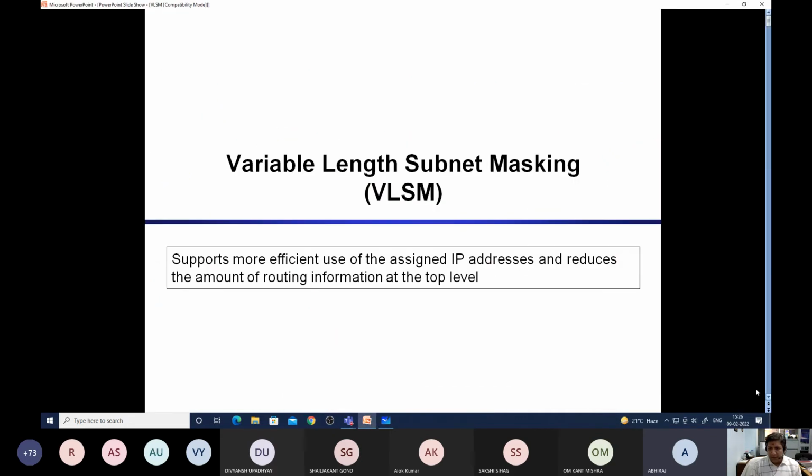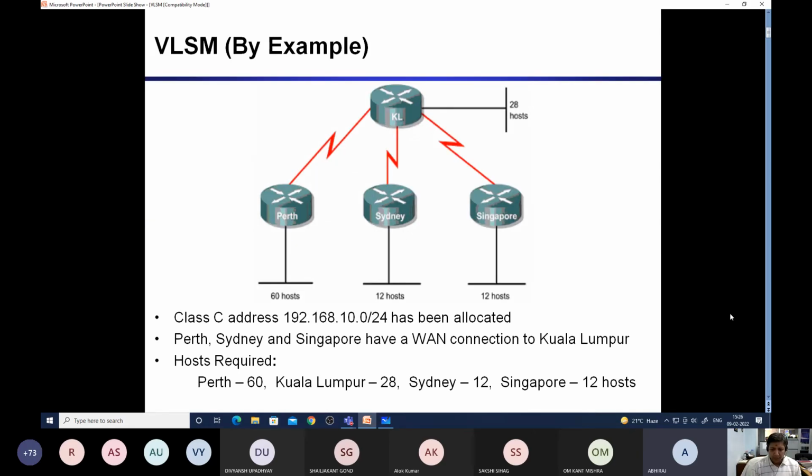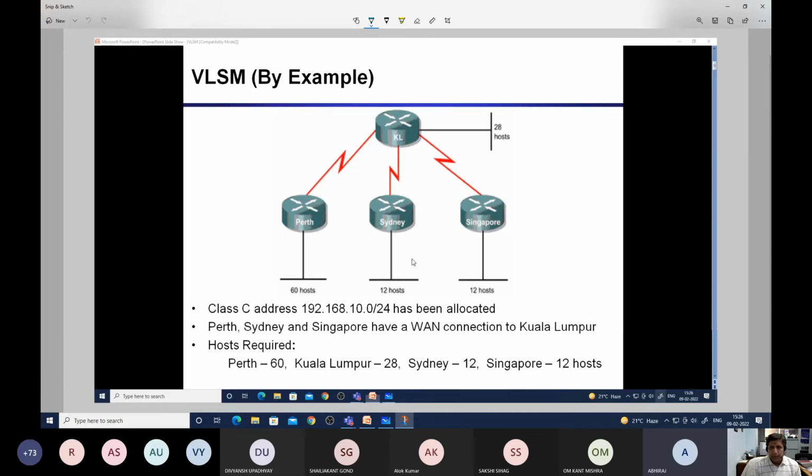So let's take one topology, and suppose this is the topology. This is a whole big network of a company that is operating. Let me take a snip. Fine. So this is a company network operating in 4 offices.